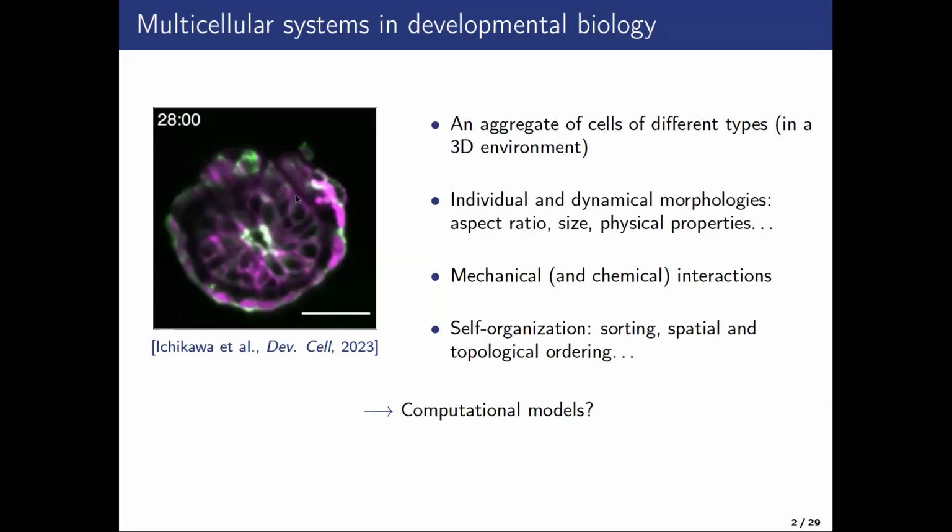Of course, if you want to make experiments and have this kind of beautiful 3D imaging of the embryo, it's quite costly and complicated, and most of the time it fails, so you have to start again. So it would be nice to have good computational models where you can just simulate, because it seems like something not crazy to simulate, right?